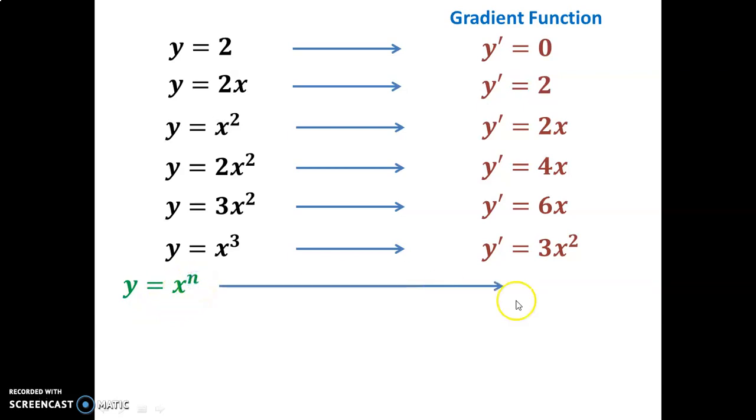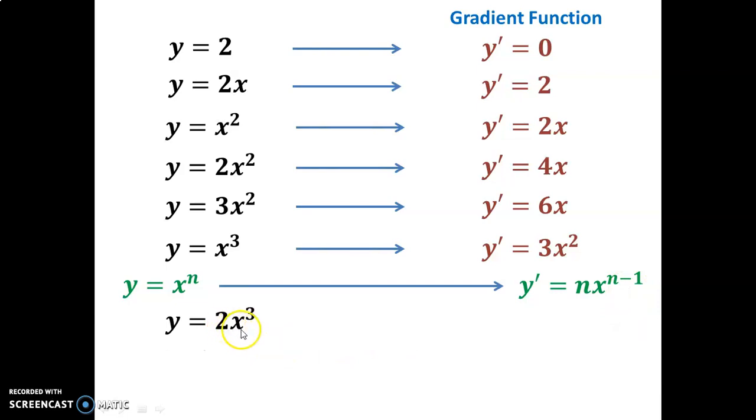What is the gradient of that? What could be a rule you could write using just x and n here? Alrighty, let's see if you came up with this. Here is our general rule. When we take the derivative of this, we drop the exponent, so n goes in front, and then we reduce the exponent by 1.